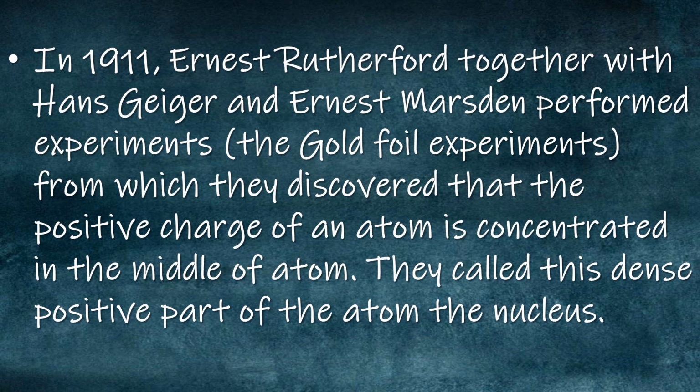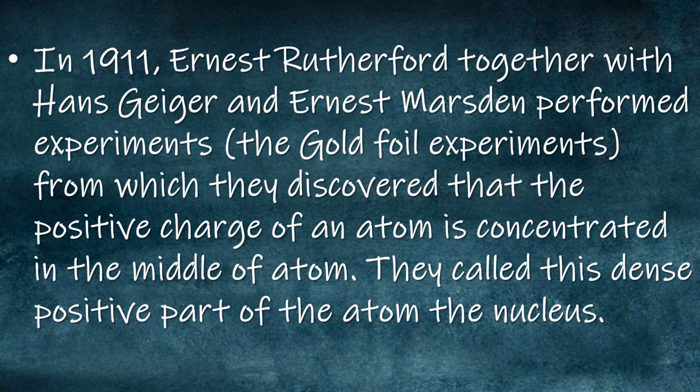Rutherford found out that this positive charge was not just scattered all over, as in the plum pudding model of J.J. Thomson, who said that an atom is made up of a positive pudding in which negative electrons are scattered.